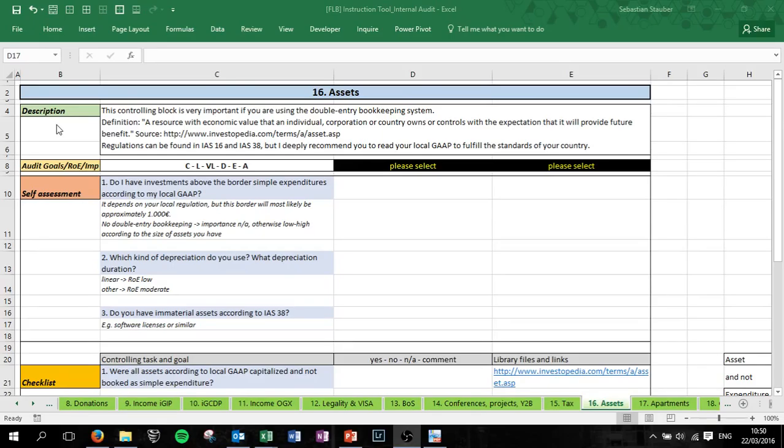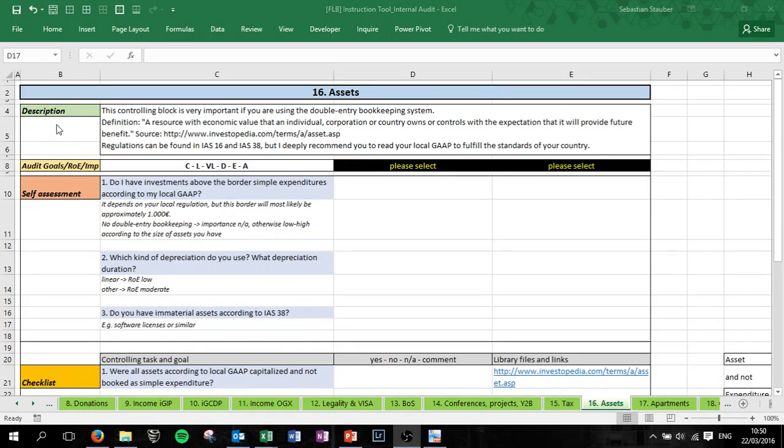Good. Number two, which kind of depreciation do you use? If you have an asset which you're using for the next 3 years, for example, you need to depreciate it. That means at first you're booking it as an asset, so no expense, but as soon as you start using it, you have expenses, and these expenses need to be booked either linear or with another kind of depreciation mode.